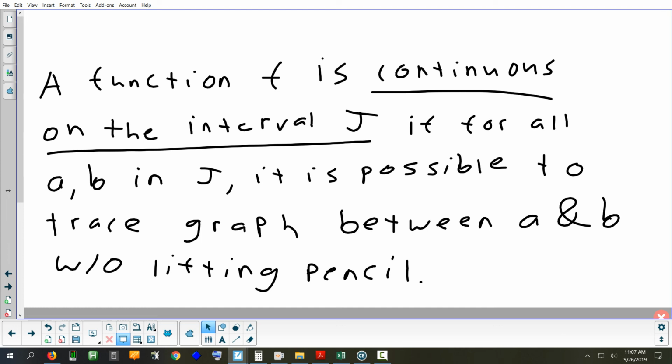So the idea is the interval j would have a starting point and a stopping point. That's what this a comma b means. A would be where you start, b would be where you stop, and you can trace from a to b without ever lifting your pencil. Right?